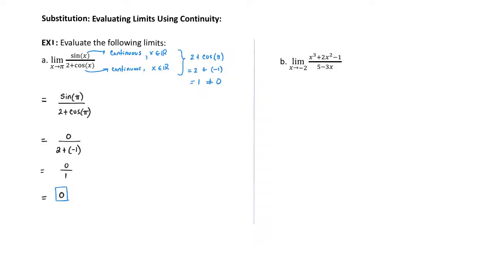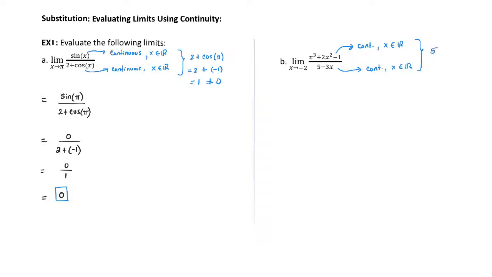wonderful, wonderful concept. B, we have the limit as x approaches -2 of this rational function. This is a rational function by definition because it is made up of a polynomial divided by another polynomial. If you remember from the previous videos, polynomials are continuous everywhere. So I know that the numerator is continuous for every x in R, and I know that the denominator is continuous as well for every x in R. All that I have to do is to make sure that the denominator is not equal to 0.